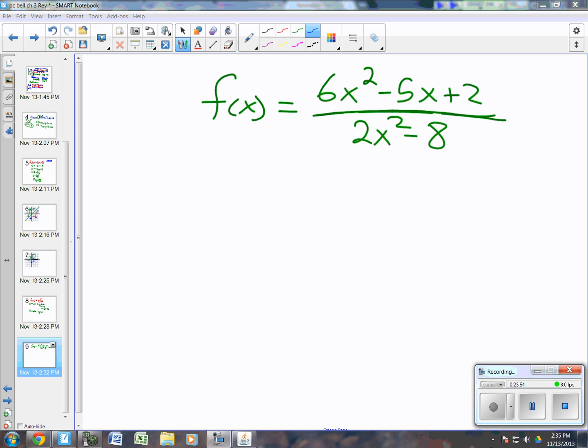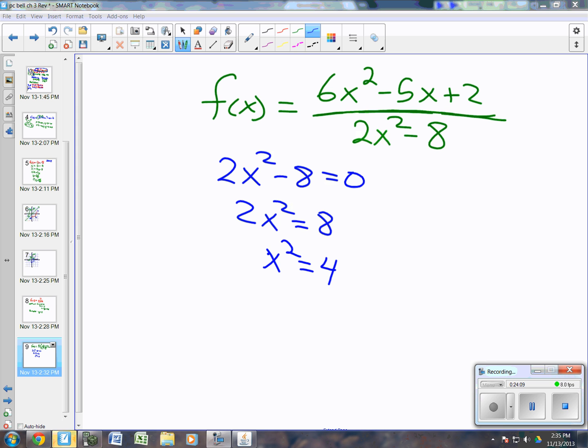Okay, this is how you do them, right here. Hey, you guys, if you set the denominator equal to 0, you add 8, divide by 2, then take the square root of both sides. You get plus or minus 2. When you take the square root of both sides, you get plus and minus 2.